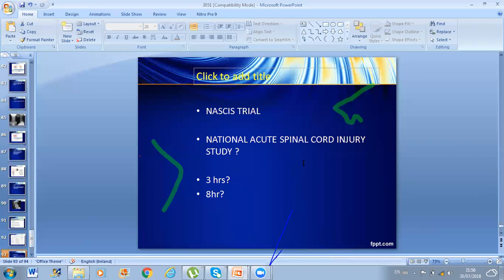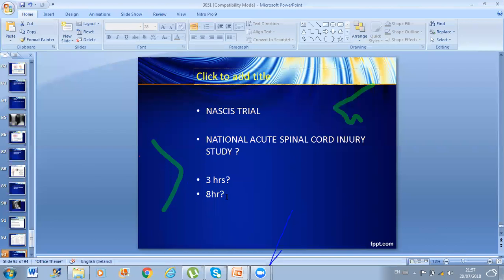What is the dose of corticosteroids if the patient comes? Sorry, sir. There's a bolus dose and then a maintenance dose. Yes, there is a bolus dose and a maintenance dose. I wrote 3 hours, 8 hours. Okay, so let me make you understand. If the patient comes within 3 hours, I will give a 30 milligram per kilogram bolus dose within 1 hour or half an hour. Then I will give 5.4 milligram per kilogram over 24 hours.